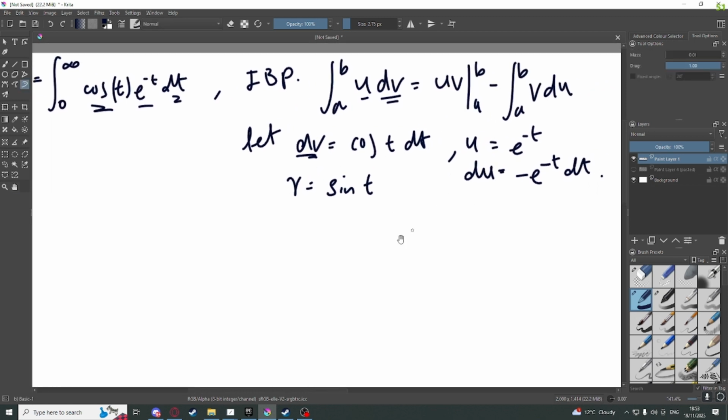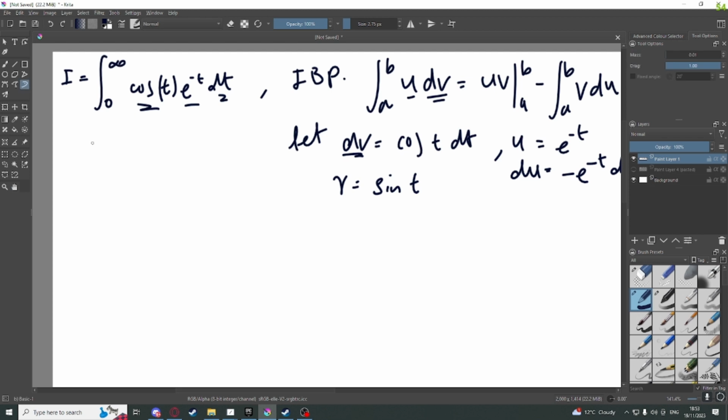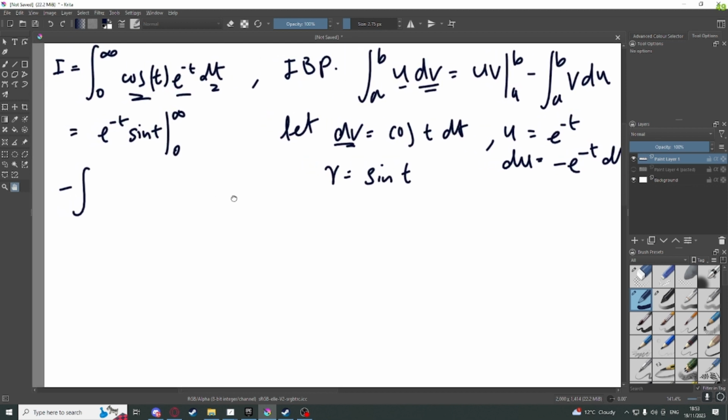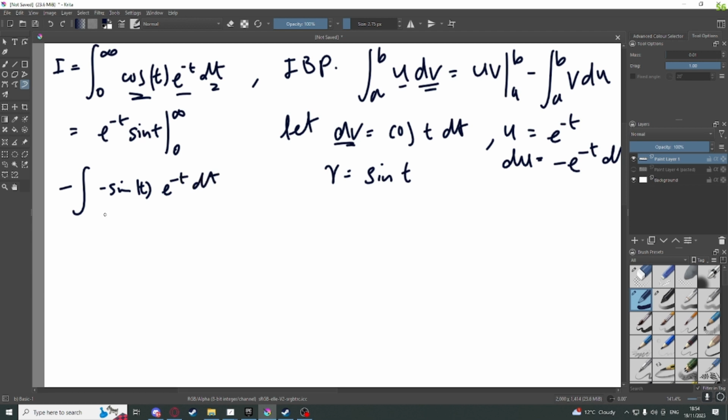And so using this formula, my integral I is also equal to uv, which is e to the negative t sine of t, evaluated at my bounds, which are 0 and infinity, minus the integral of v du, which is negative sine of t e to the negative t dt from 0 to infinity.